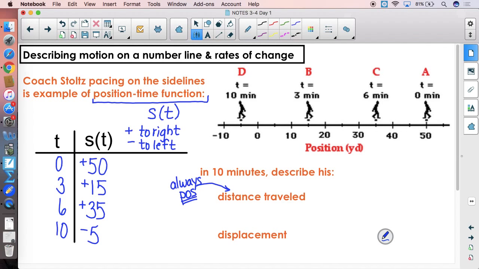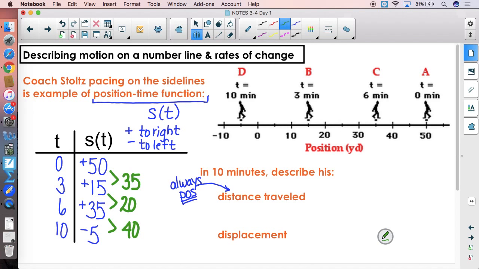So if we look at his change in where he was walking in those first few minutes, to what we know at least, he moved 35 yards between these 2 positions. And then he changed by another 20 yards between these 2 positions, again regardless of direction. And then he walked another 40 yards between those 2 positions.